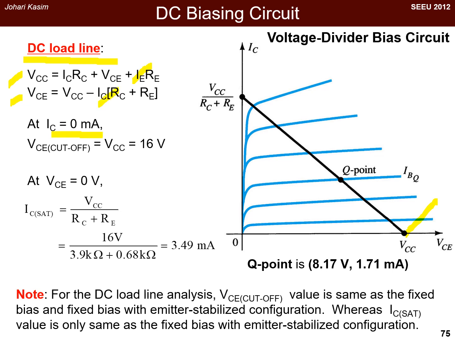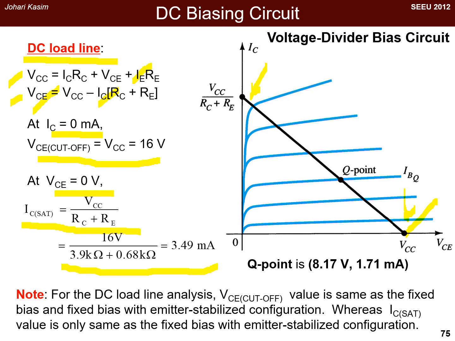So you can get VCE cut-off equal to VCC equal to 16 volt. Then at saturation region, VCE equal to 0 volt. Then you can get IC saturated equal to VCC divided by (RC plus RE). Then after you put the value, you can get 3.49 milliampere.